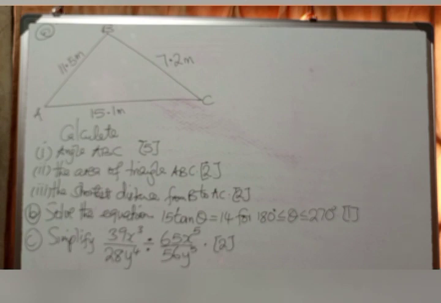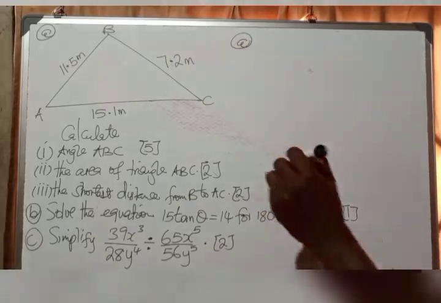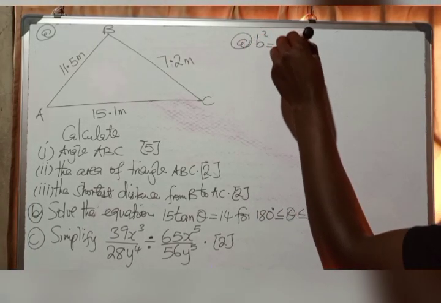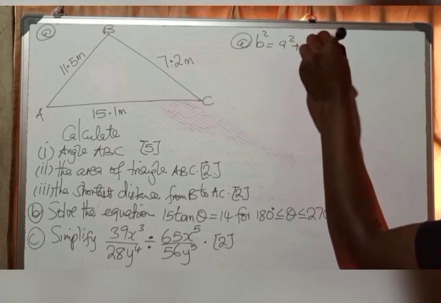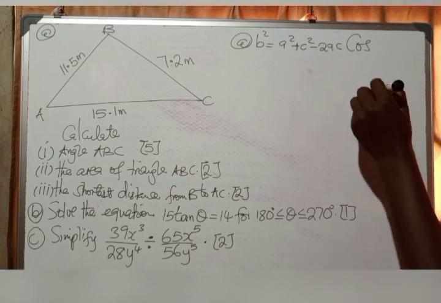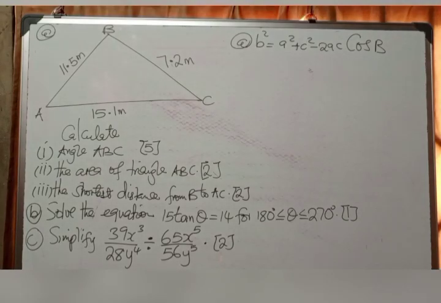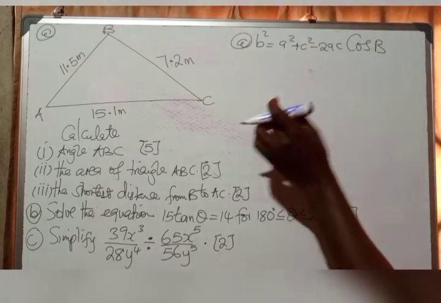So b squared is equal to a squared plus c squared minus 2ac cos B. This is the formula, but we are going to make cos B the subject, so the whole lot of this comes to the other side.